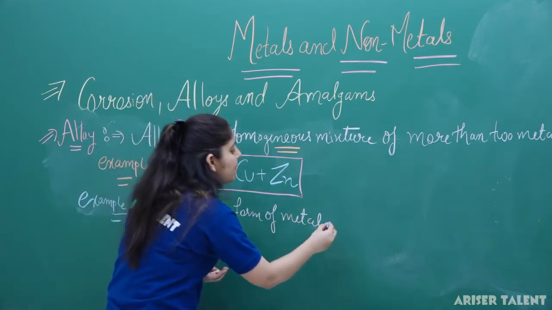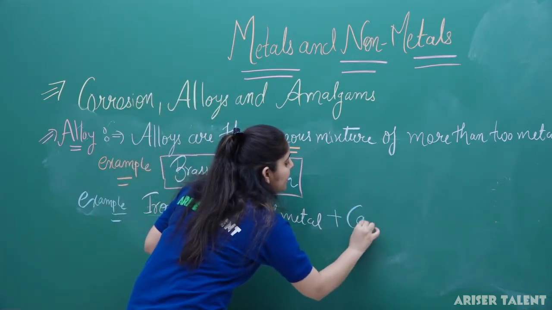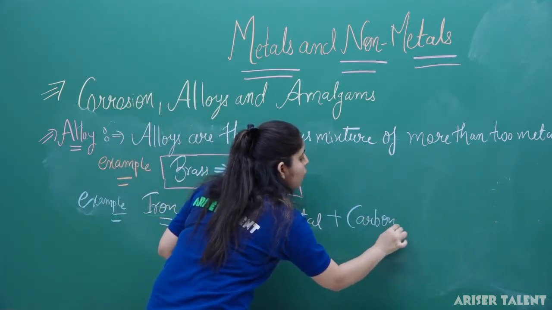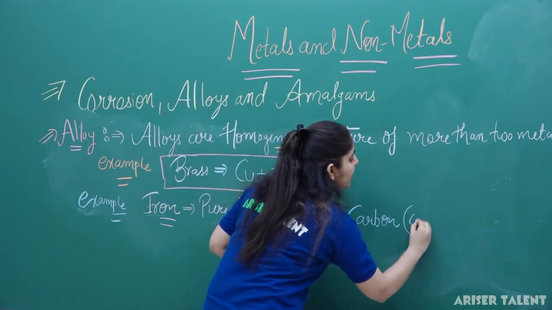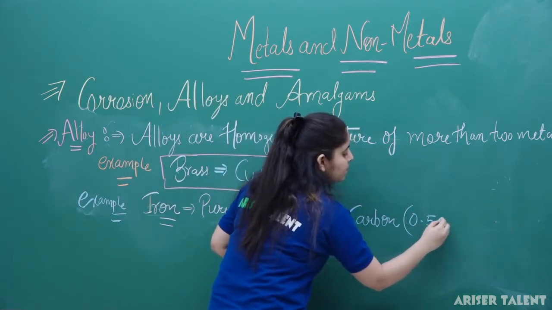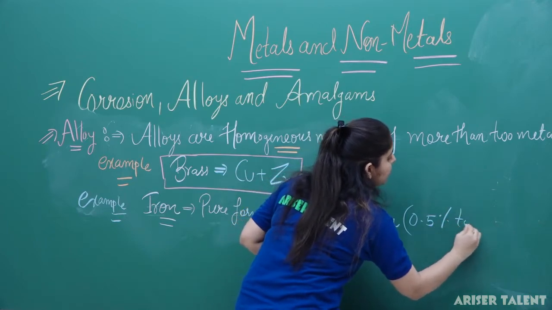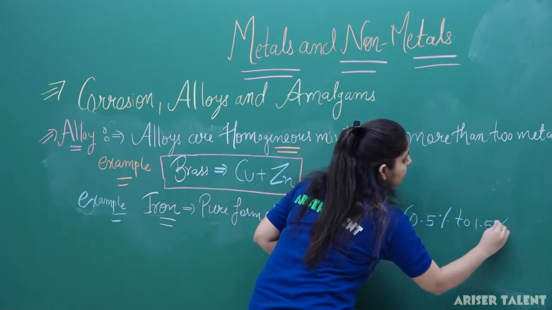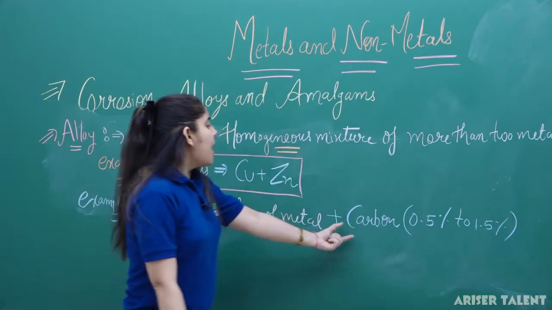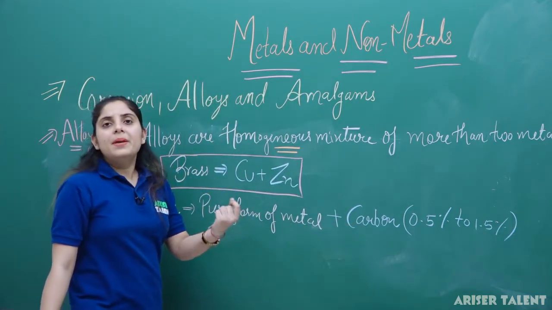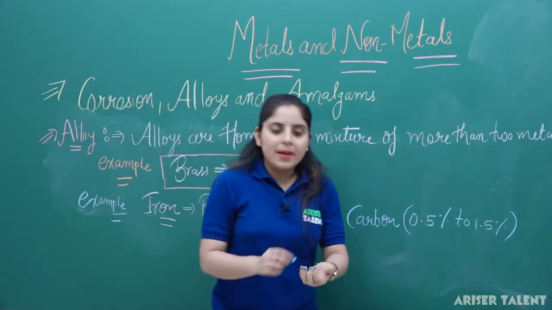So in this case, we mix a small amount of carbon into the iron, and the carbon that we are adding is almost 0.5% to 1.5%.